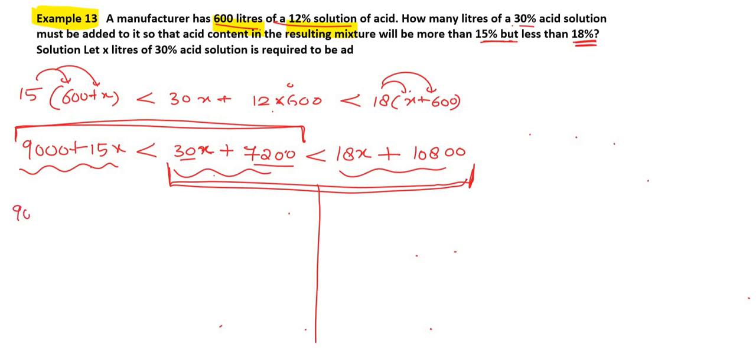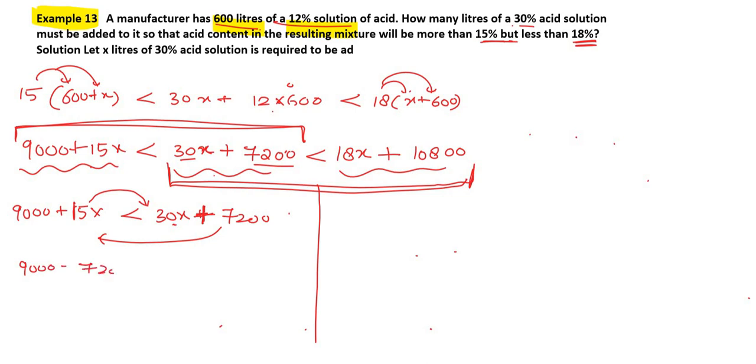So let me write down 9000 plus 15x less than 30x plus 7200. In order to solve it, because I want to keep x as positive, I can take this here and this here, correct? So 9000 minus 7200 less than 30x minus 15x.